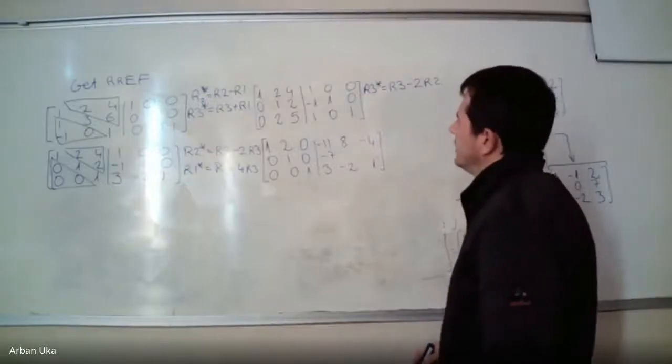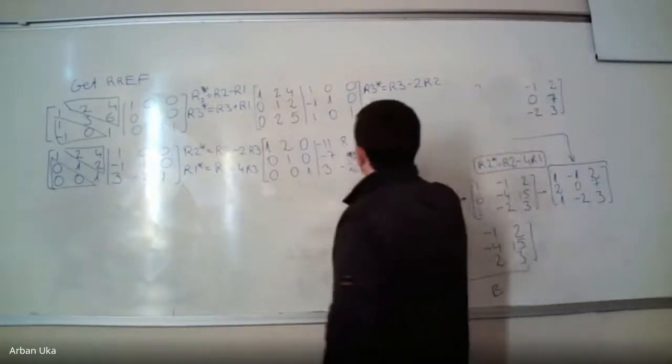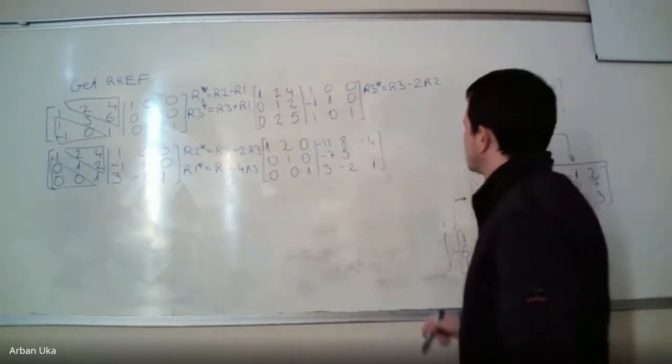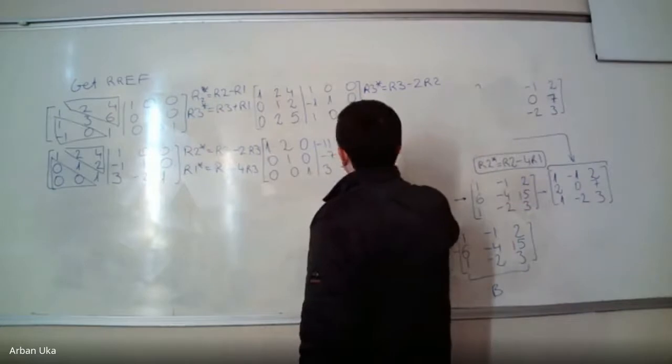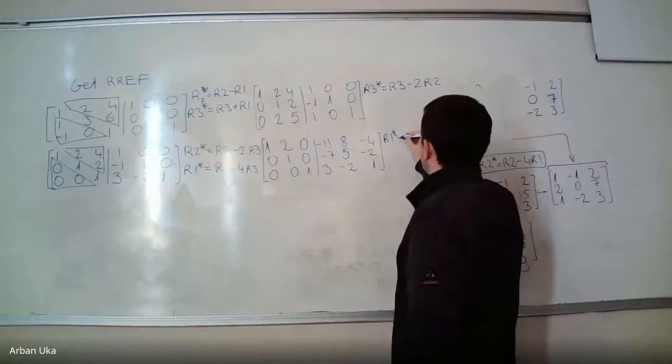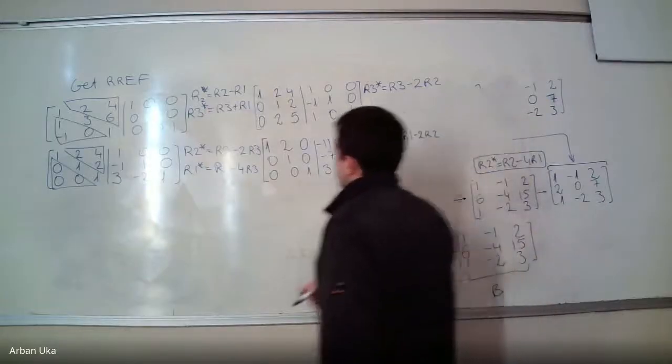Then we have 1 plus 4, this is 5, and 0 minus 2, minus 2. So we are left with only this 2. How can we make a 0? We can write row 1 star, which will equal row 1 minus 2 row 2.